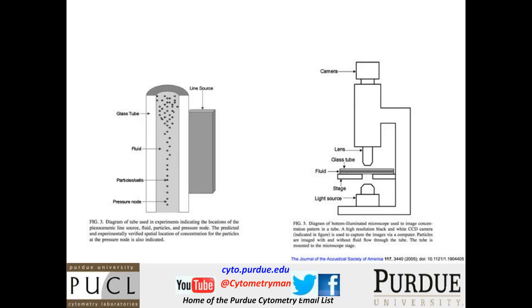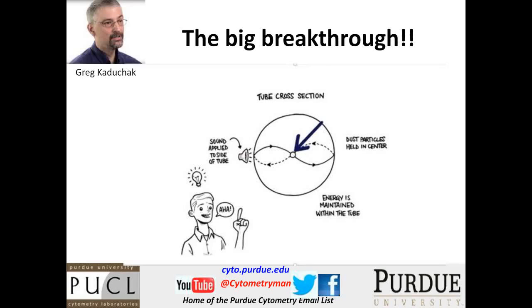What do they do if I were to put an acoustic device on the side of a tube? And then he put this tube underneath a microscope, and what he saw were some pictures. And I'm explaining it to you here by this little animation. You see that when you put a speaker on the side of a tube, it builds standing waves.